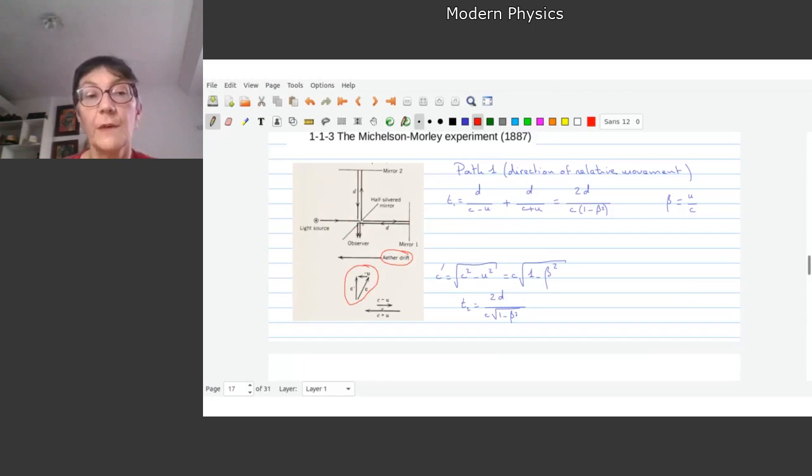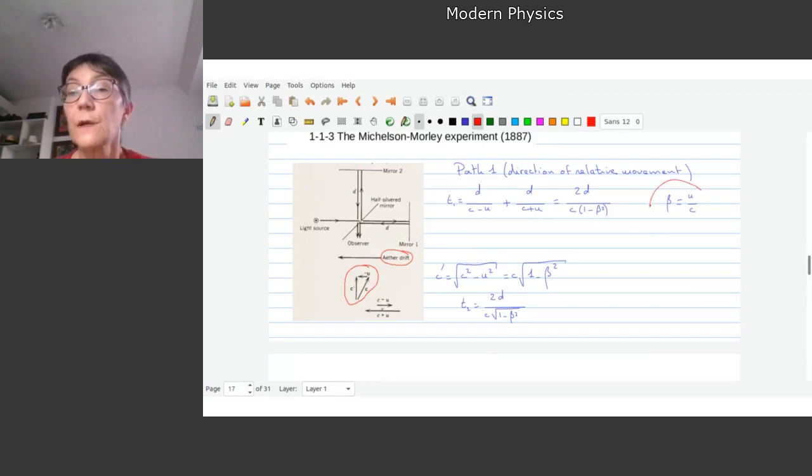So you have a difference of time. It doesn't take the same time to go and to go back. Here on path 2, it takes the same time to go and to go back. So you calculate this time, to go minus to go back, plus, sorry.